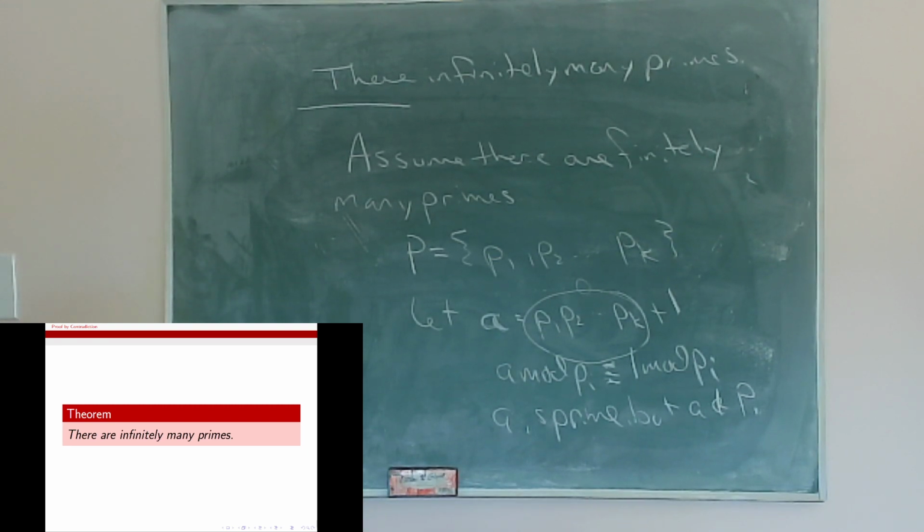Is 1 prime? 1 is not prime, actually. A prime natural number is a number other than 1 which is divisible only by itself and 1.